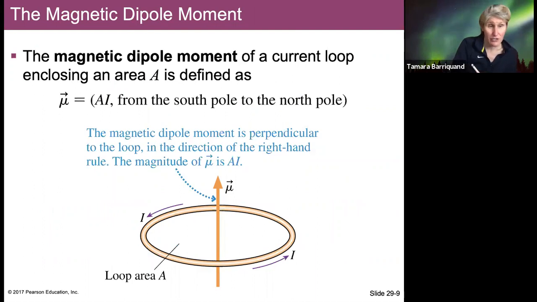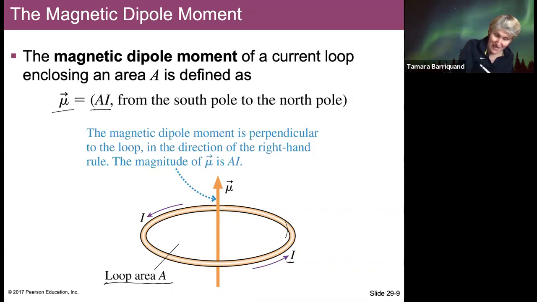Now, the magnetic dipole moment of a current loop that is enclosing an area A. Let's say this is area A, loop area A right here. No matter what shape the loop is, if it is enclosing area A and it has a current I, we define our magnetic dipole moment, which we use as mu, another mu, I know, but it's not the same as mu naught. This is now our magnetic dipole moment, and that will be equal to A times I. It's the area times the current, and it will point from the South Pole to the North Pole, like we just saw.